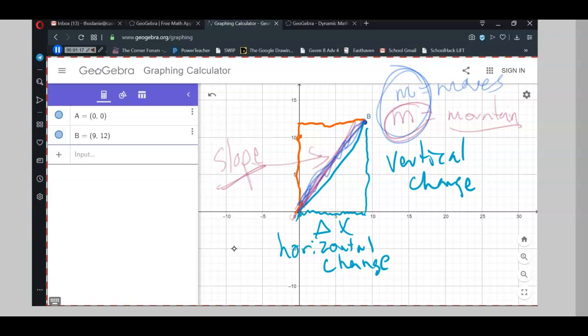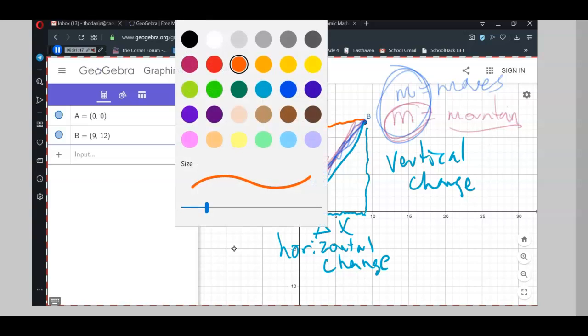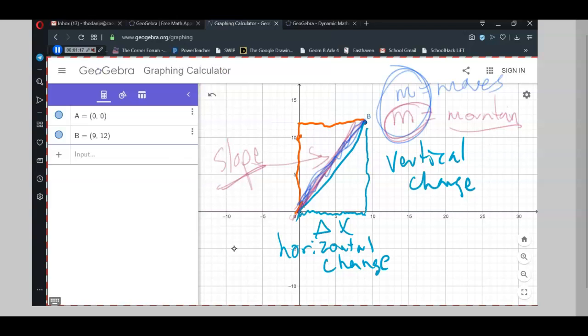We decided to put the vertical change on top of the horizontal change, and we could write it as a single value or ratio. If we all agreed, then that would work.